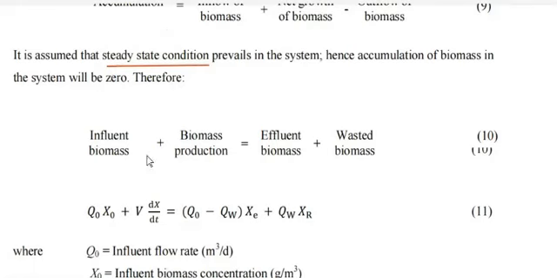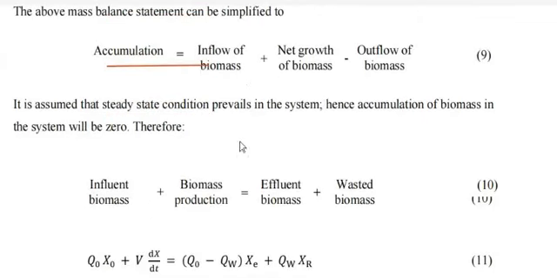So we write this equation as: influent biomass plus biomass production is equal to effluent biomass plus wasted biomass. It means the matter present in the influent, plus how much biomass is produced there, is equal to the biomass present in the effluent plus wasted biomass.